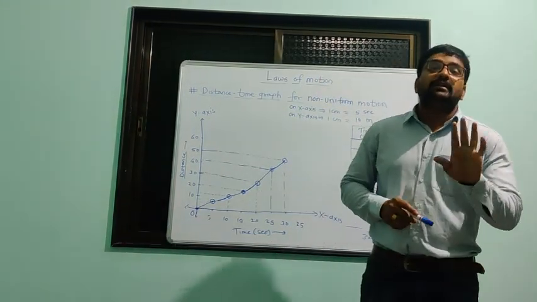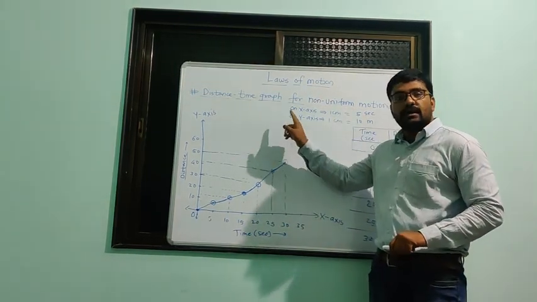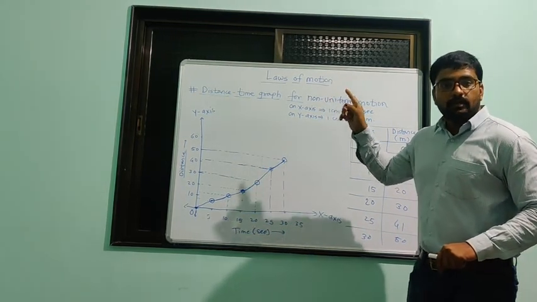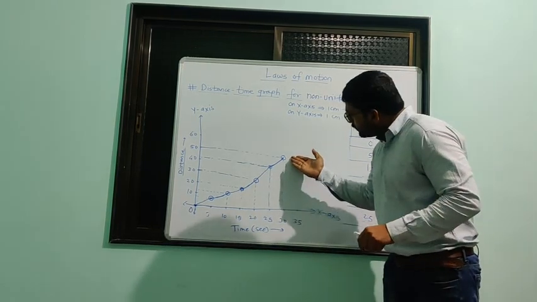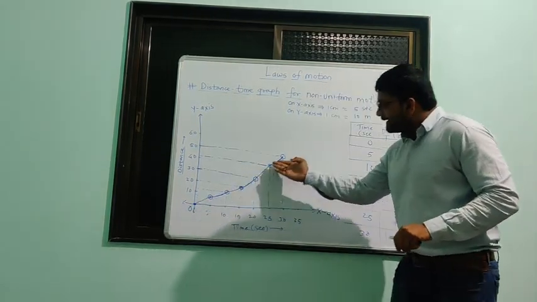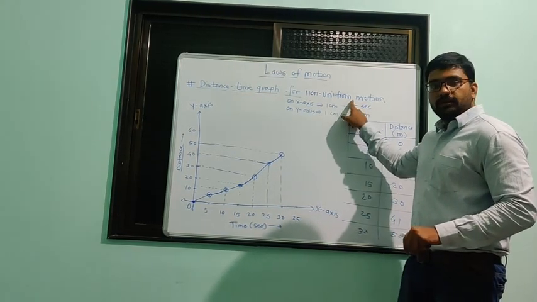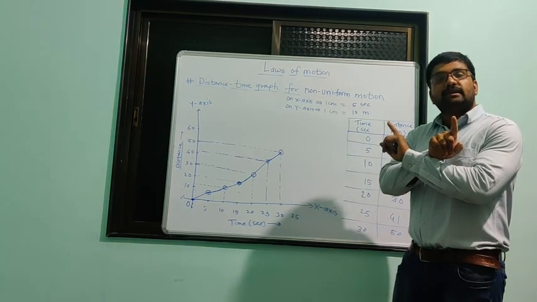That is the difference between the uniform motion and non-uniform motion distance-time graphs.